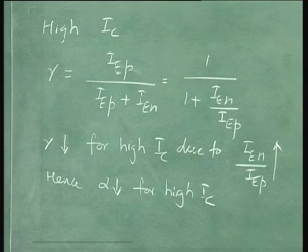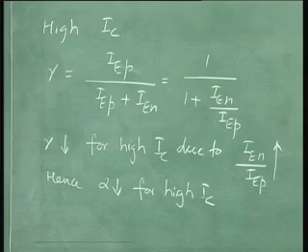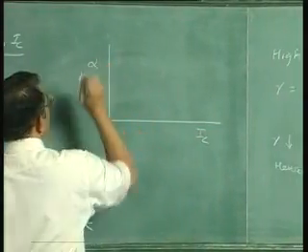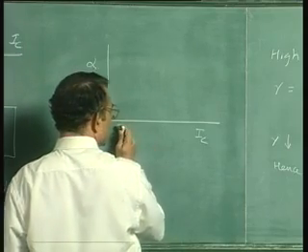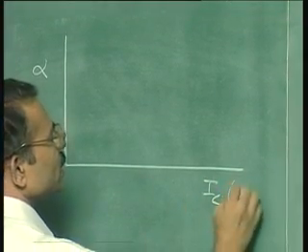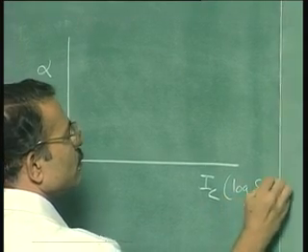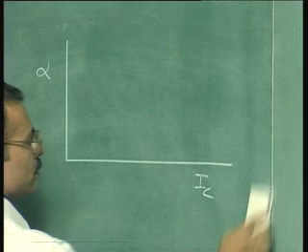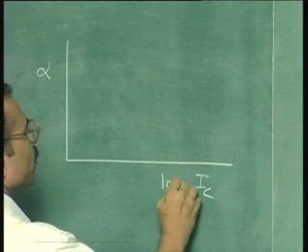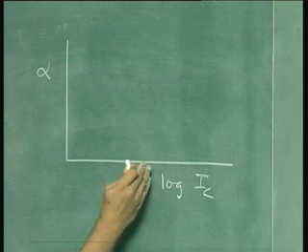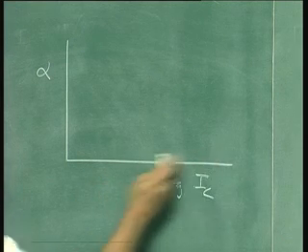We can now show this on a graph as follows. If you plot alpha as a function of IC, IC is plotted on a log scale. This is because you must show a wide range of IC; only then can you show the behavior for very high IC and very low IC.